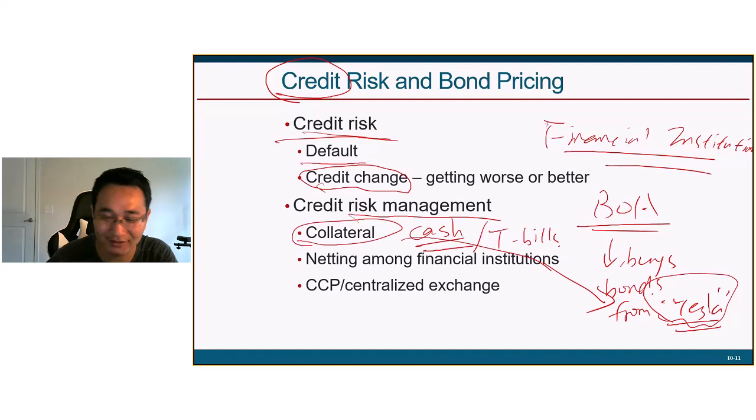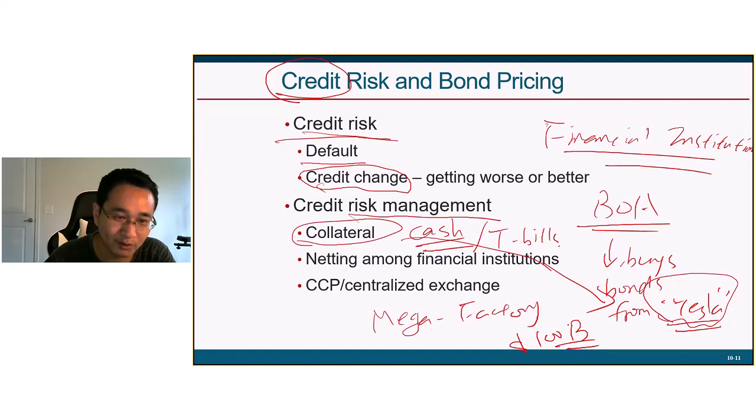Let's say Tesla says they have something called a mega factory worth $100 billion. Can I use this as collateral to borrow money from Bank of America, or if they buy bonds from me as a way to finance it, can they take this as collateral? Bank of America says, that's fine. However, I will only value this at 40, like $40 billion.